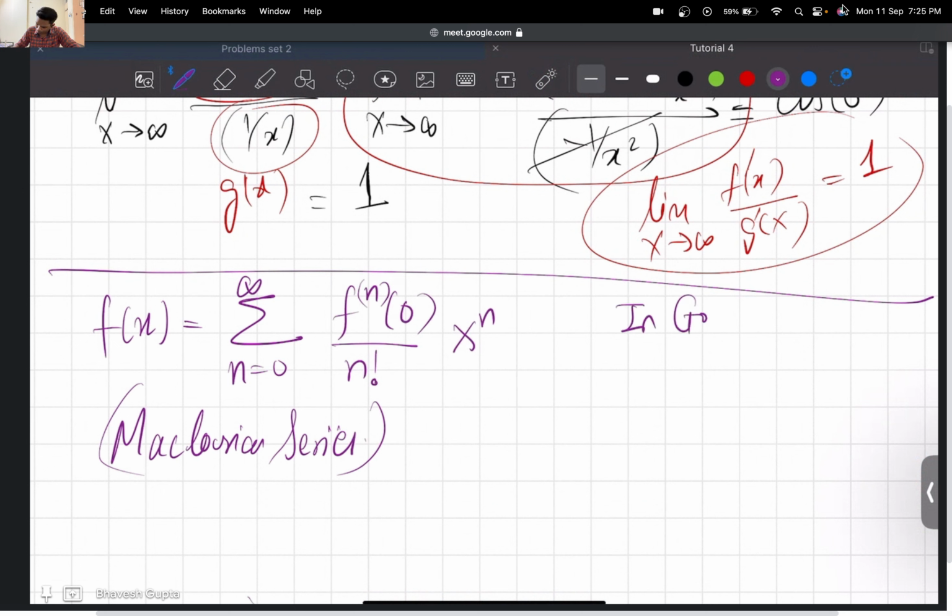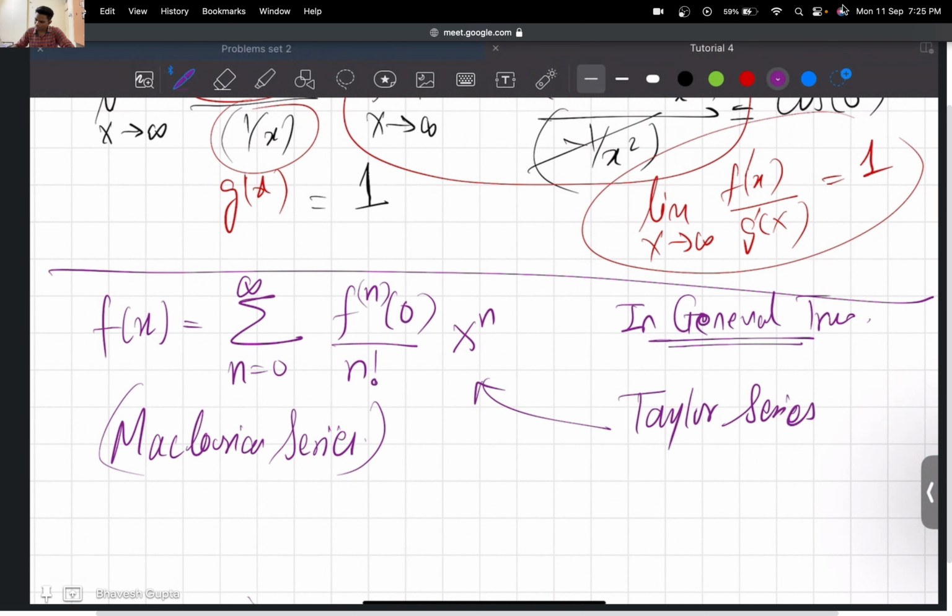This can also be seen as a Taylor series at x equal to 0. So we are basically writing down the series with respect to some reference point, and that reference point is x equal to 0. Whenever we take x equal to 0 as the reference point in a Taylor series, we call that series a Maclaurin series.